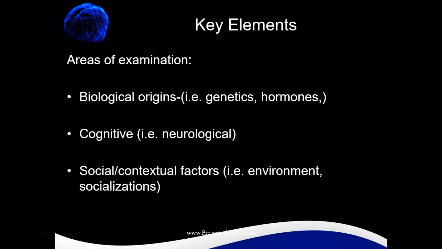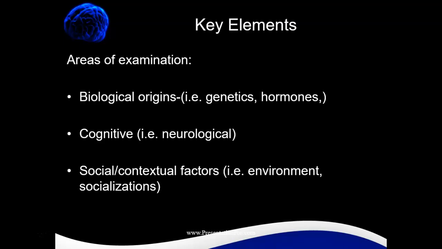So in areas of examination, when we're looking at normality and abnormality, there is biological origin: genetics and hormones play a role in abnormalities and particularly mental health problems. We're also looking in the area of cognitive, which can be neurological, how the brain operates and works, but also includes thoughts as well.